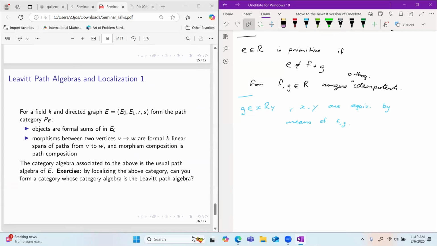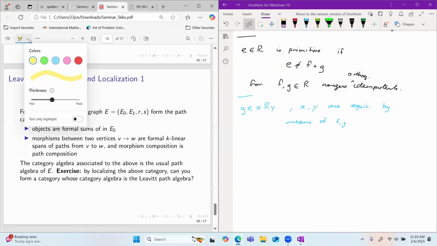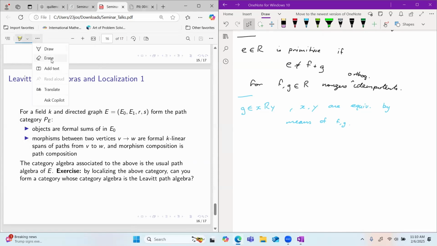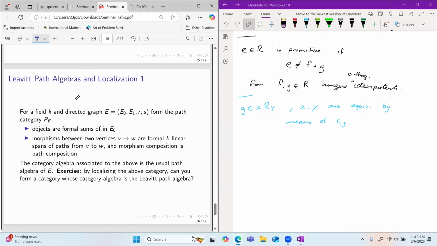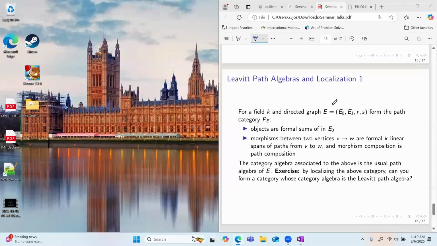For a field K and a directed graph, we can form the path category.